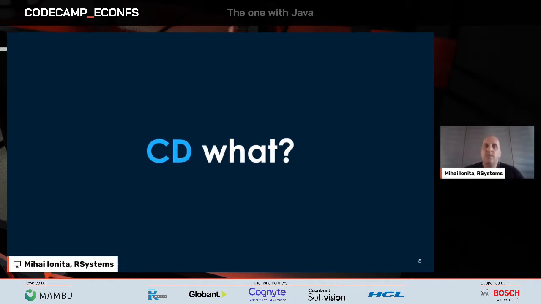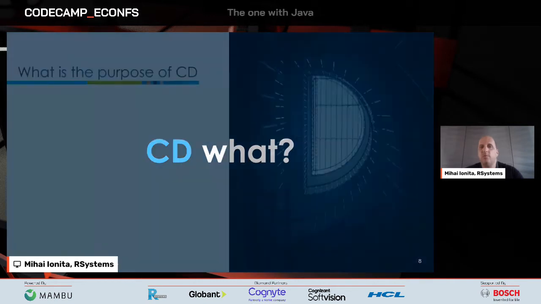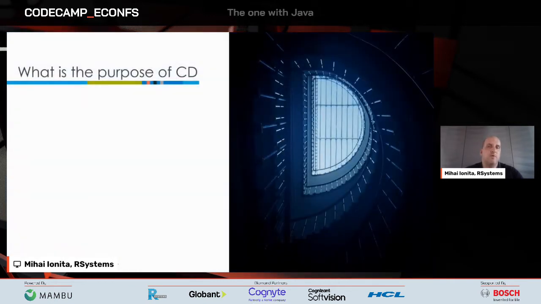So, CD, what should be continuously deployed? But first of all, what is the purpose? But even before that, what is the D? Is it deployment? Is it delivery? Well, let's turn to Wiki like everybody nowadays, and it says that continuous deployment requires continuous delivery, meaning that to install that jar file, you need to generate it.